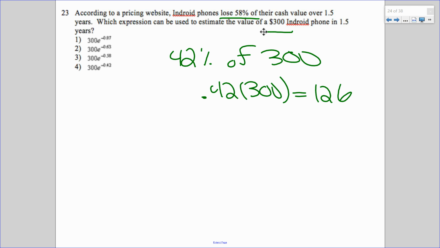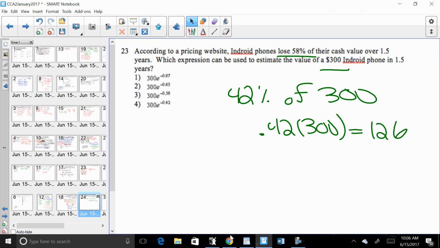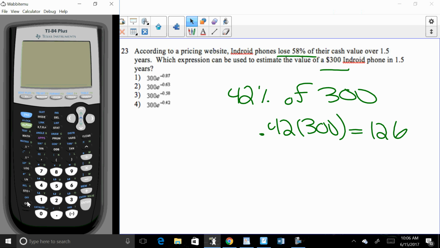So I'm going to go to my calculator. I'm going to type in 300. If you don't know how to type in e, you got some problems. Second ln, negative 0.87. Is that 126? Looks pretty close. Let's try the other choices. I'm just going to copy that to make my life a little bit easier.